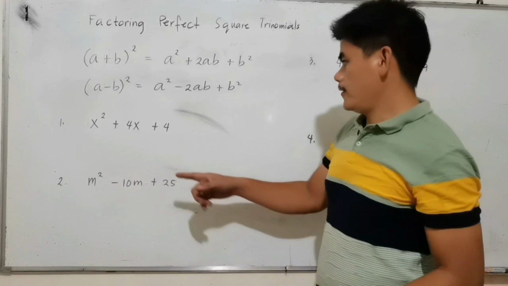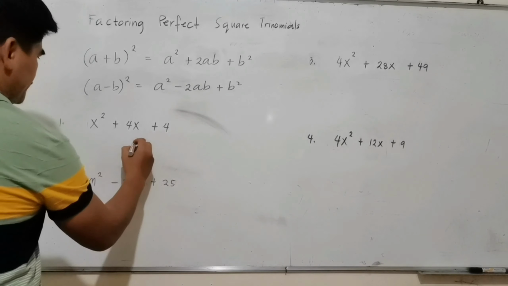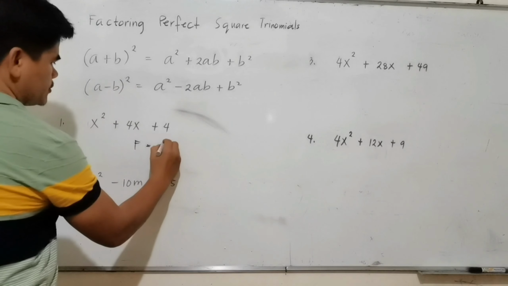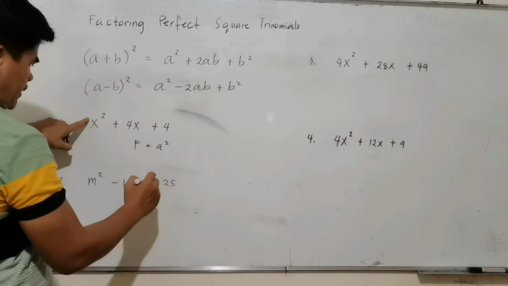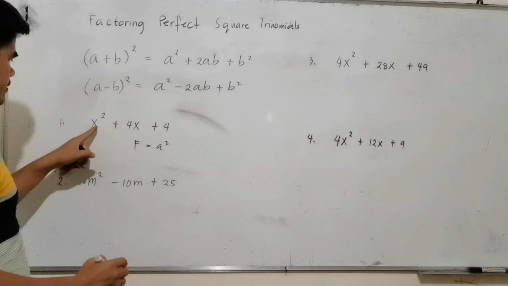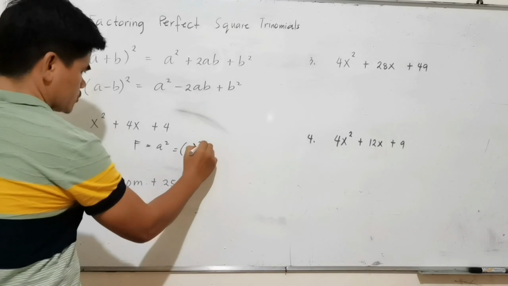Now, if we try to evaluate, the first term must be a squared, right? So this is 1x squared, or 1 times x squared, which is the same as x squared. So that will be 1 squared.